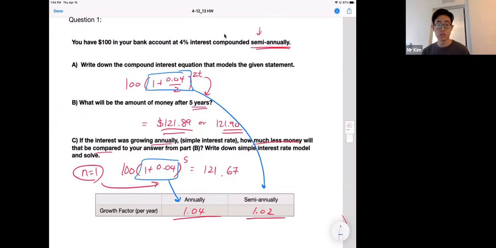And this, if you just compute that, that's 1.02. But since we're doing semi-annually, we're taking this to the power of 10 instead of taking it to the power of 5, that causes the increase in the amount of dollars. So how much dollars more? It's about 23 cents more you will get by choosing to do semi-annual compound interest rate.